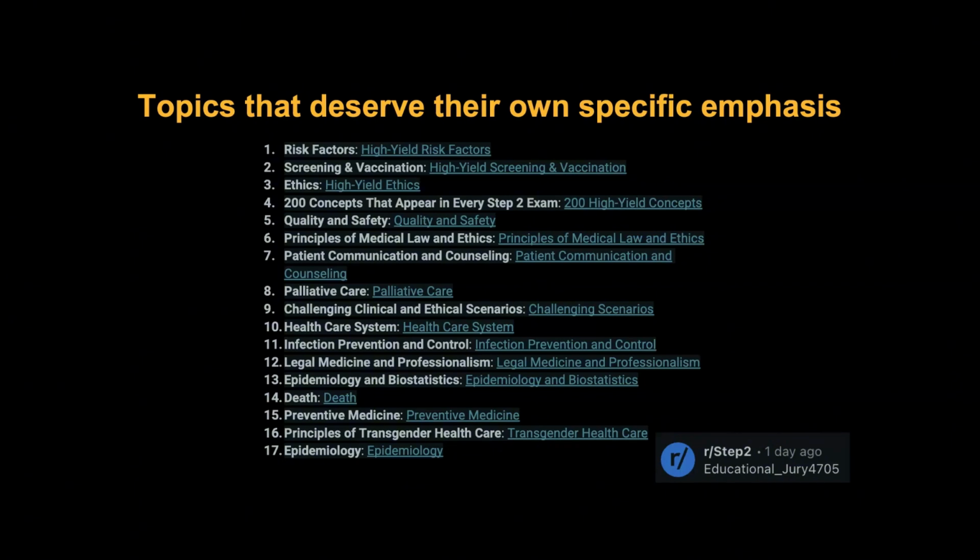Things like risk factors, screening, ethics, biostats, knowing different things about the healthcare system as a whole, preventative medicine, legal medicine, all of these things that go under the radar actually become incredibly high yield when it comes to Step 2. And you can put yourself ahead of the eight ball because a lot of people don't study this stuff since it's not necessarily covered in rotations every day and not necessarily seen on shelf exams. They go into it blind from that perspective. So being able to handle these questions is really important.